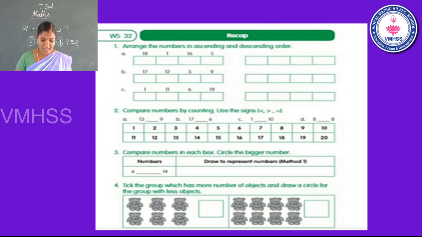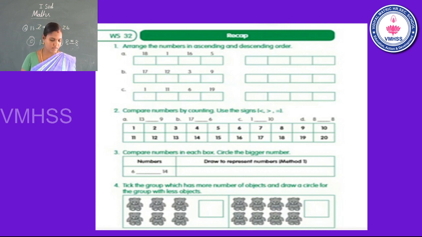Yes, 14 is the bigger number. Cut the 6 and circle the 14. Okay, students. Now let's go to the next part.